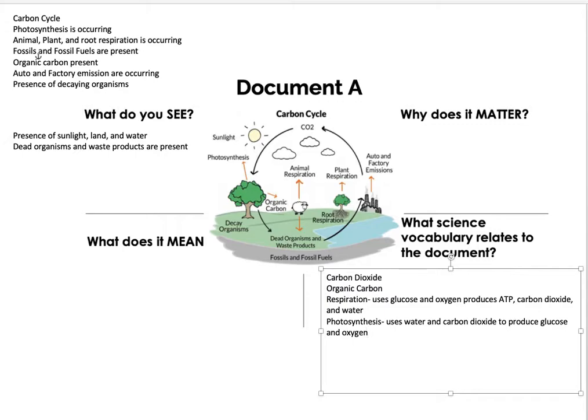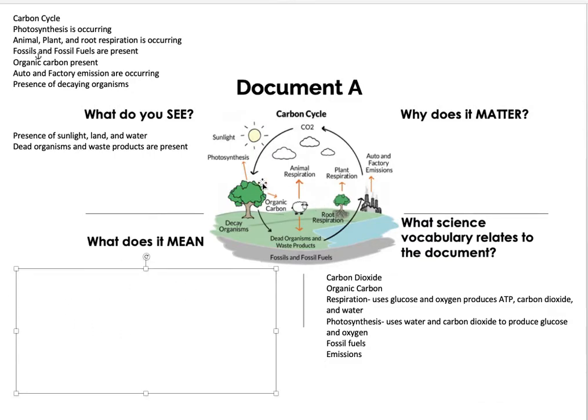Very essential. We also have fossil fuels. That is a science vocabulary related term. And we have factory emissions, or we can just say emissions. Those are some science terms. So what does it mean and why does it matter?